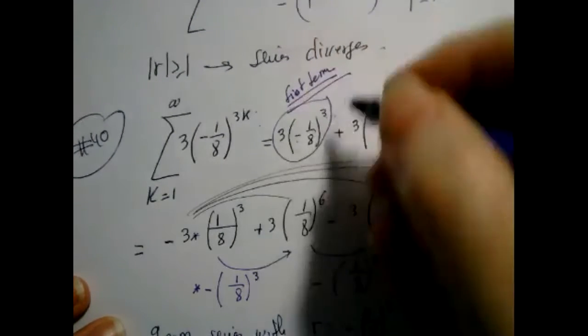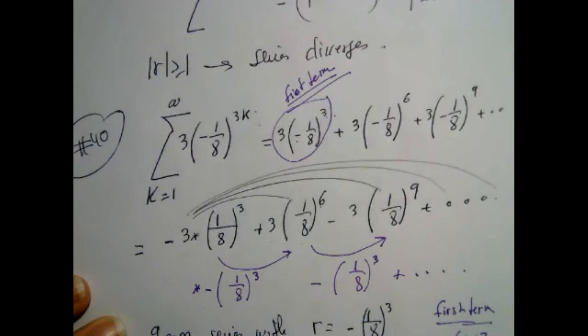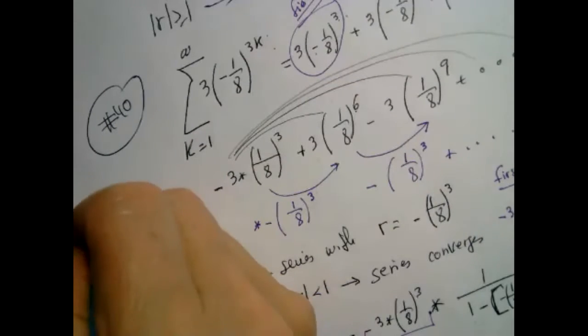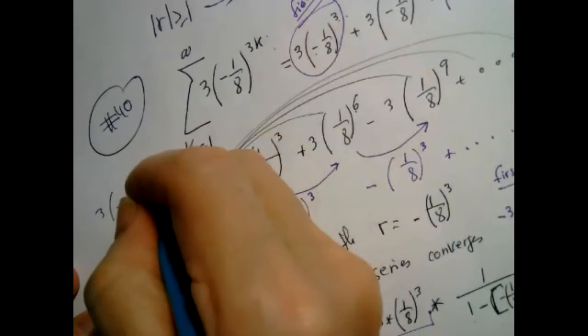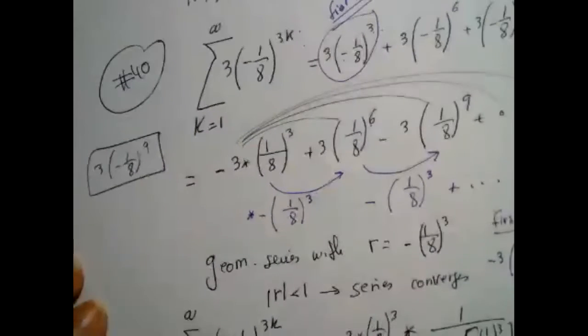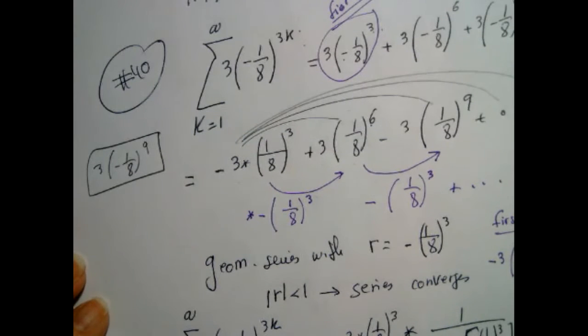So then what happens if k starts at 3, for example? If you start at 3, the first term will become minus 1/8 to the power 3 times 3, which is 9. That will become your first term. Does that make sense? Yeah, I think that makes sense.